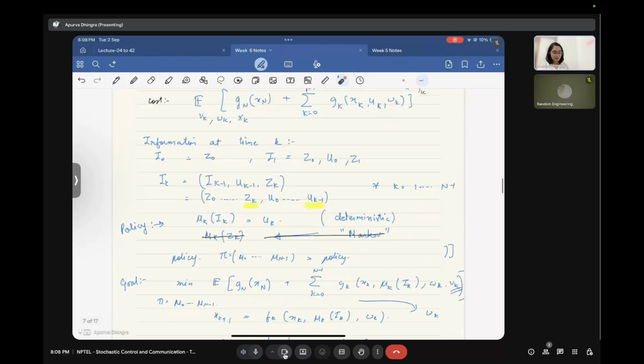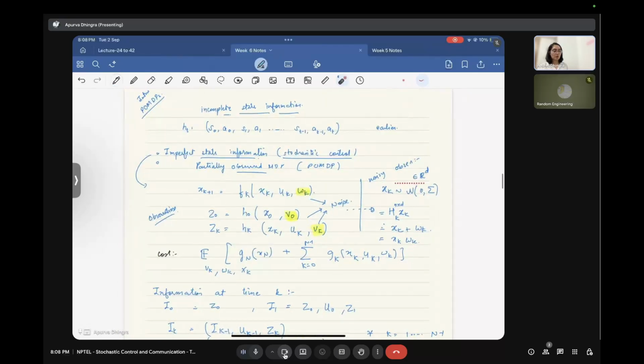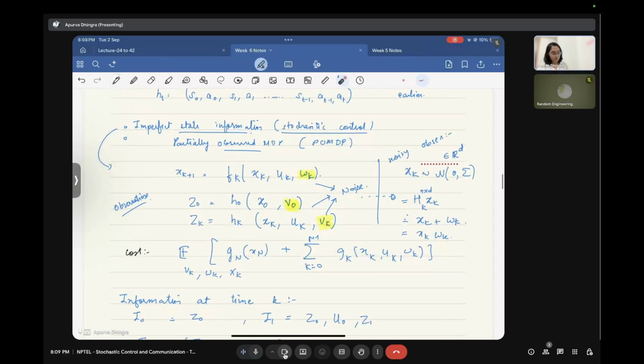And then we talked about situations where this may not hold. For example, when the state itself is not known and there is noisy or partial information about the state, as in some imperfect information is present. When that is the scenario, so there is some noise that masks the information in some way, we call such problems POMDPs, or imperfect state information problems.